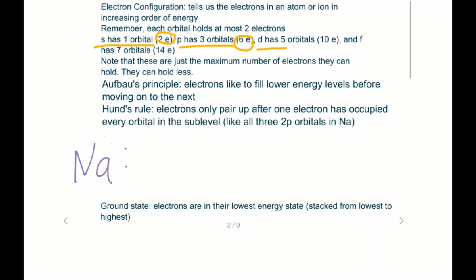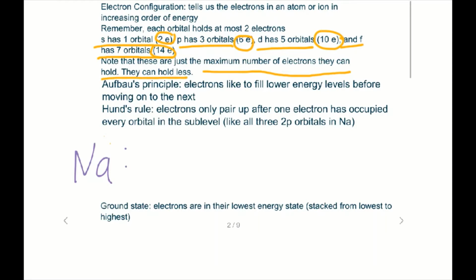The d sublevel has 5 types of orbitals, and together they can hold up to 10 electrons. And the f sublevel can hold at most 14 electrons because there are 7 types of f orbitals. Note that these are just the maximum number of electrons they can have. They can actually hold less than that.